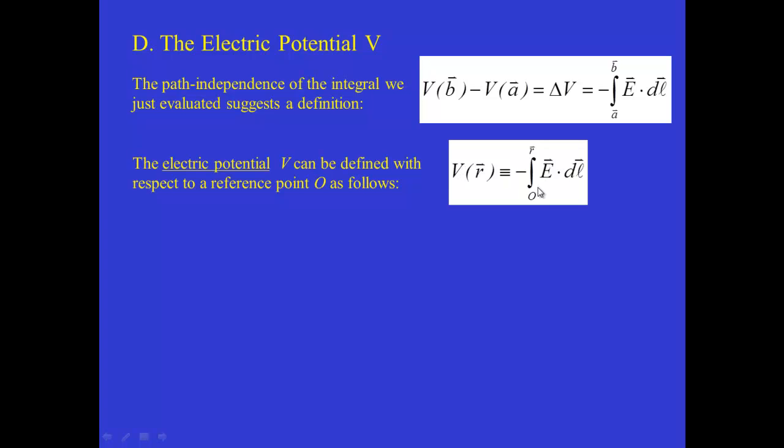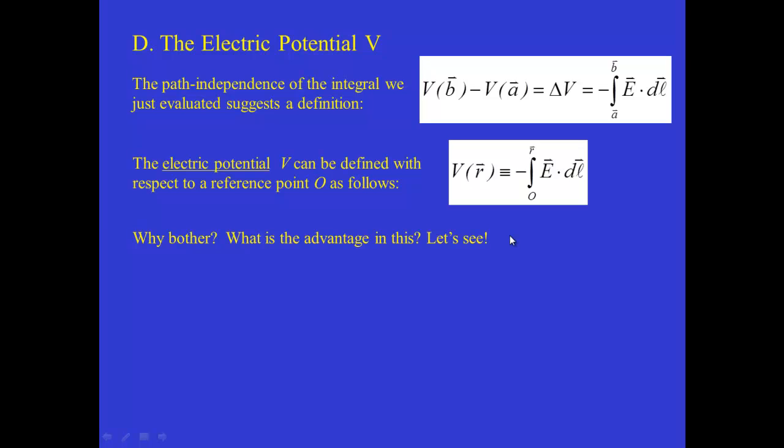So effectively what we're saying is that at the reference point the electric potential is 0. Now note that the original equation above only defined the difference in electric potential between 2 points. And so this defines an absolute expression for V with respect to a reference point.